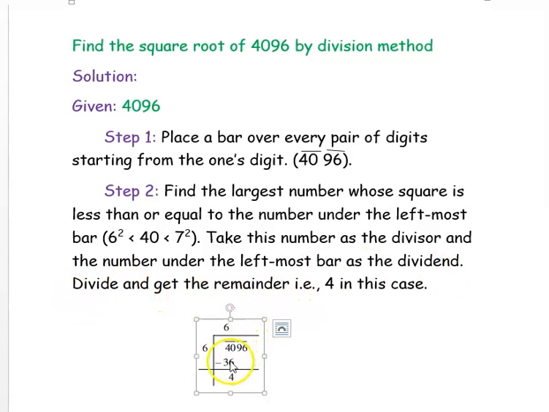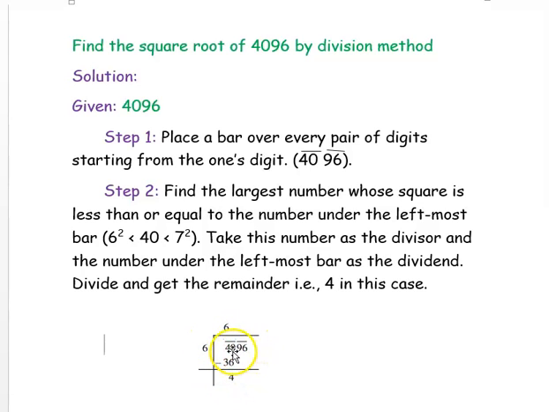Here 40 and 96 are the pairs. First I am taking the leftmost pair, 40. You have to find a number such that if you write it here as the divisor, the same number you write in the quotient, and if you multiply them, you get this number.